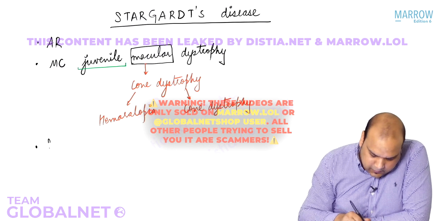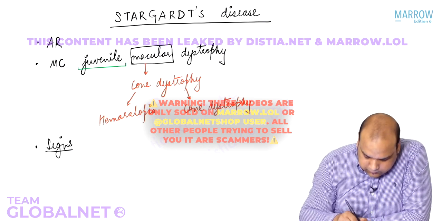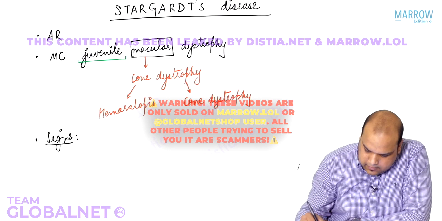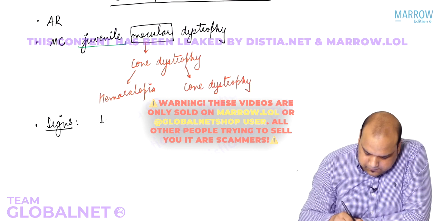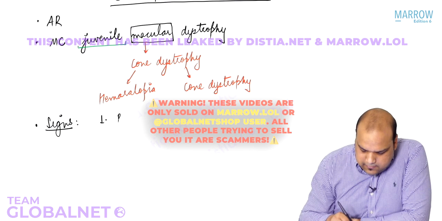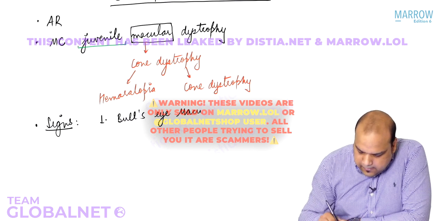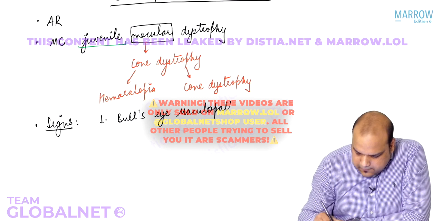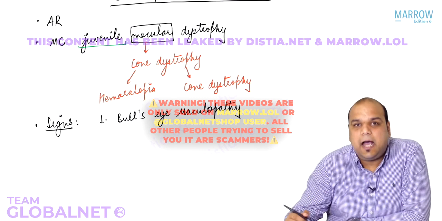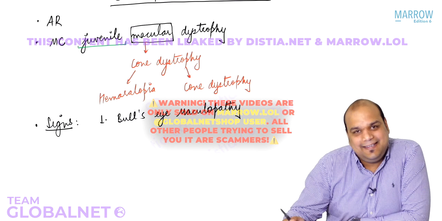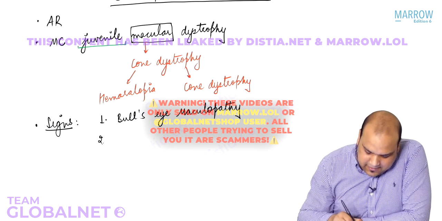What are the signs now? Number one, everybody, the patient has bull's eye maculopathy. Yes, I'll show you the photograph.